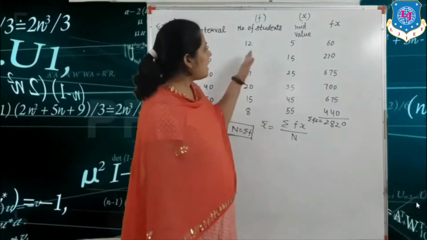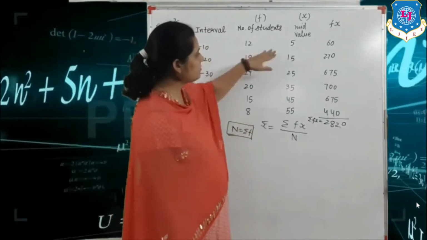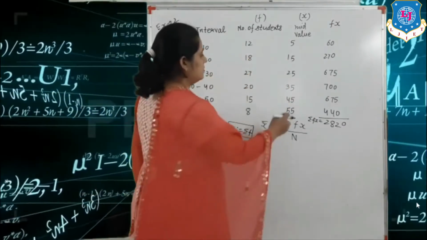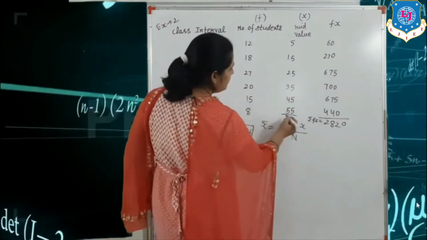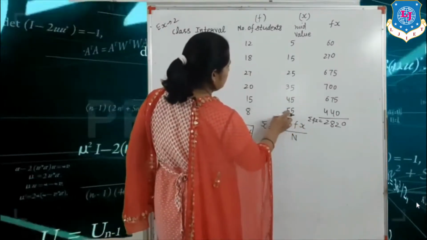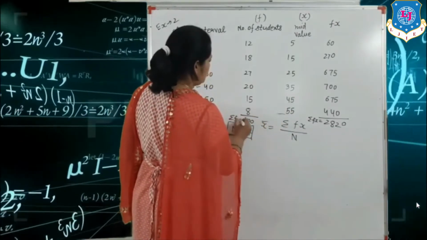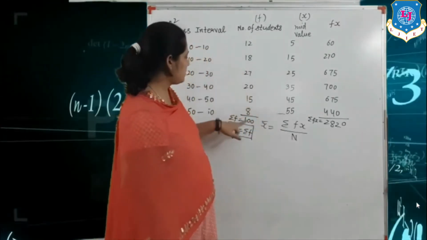After that we write the summation f. Summation f has the value of 100. Okay, this is your summation f. So here the summation f is equal to 100.